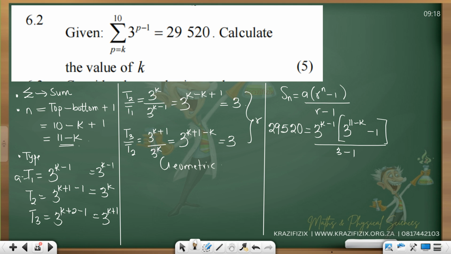Beautiful. You know what I will do, my dear learners? Let's do algebra here. Now, if we cross multiply, 29520 multiplied by 2, that would be 0, that would be 4, that would be 0, that would be 9, and that would be 3.